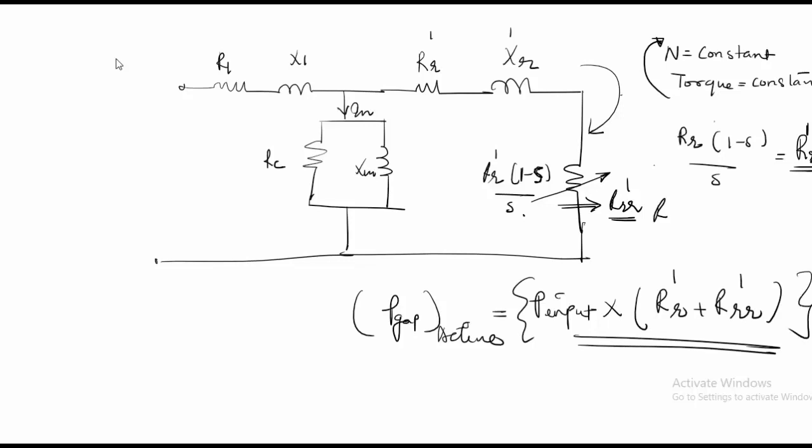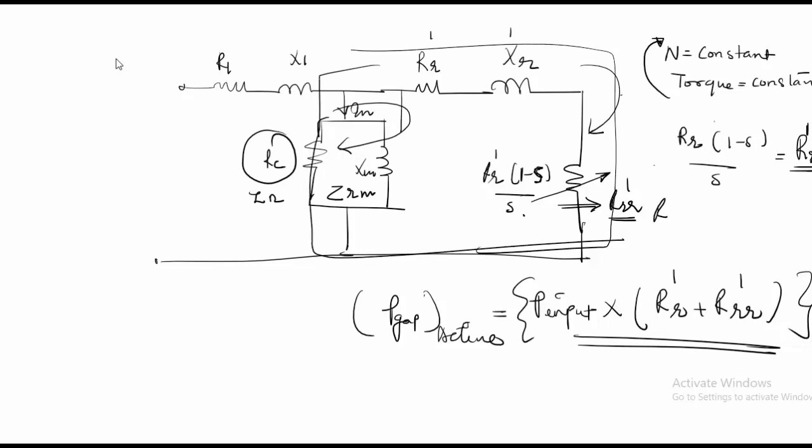But in the case where the RC is given, suppose it is given as 1 ohm or whatever, in such a case you will have to first solve for a parallel. So you will get an impedance of ZRM here, for example, and then you will have to solve this full circuit.